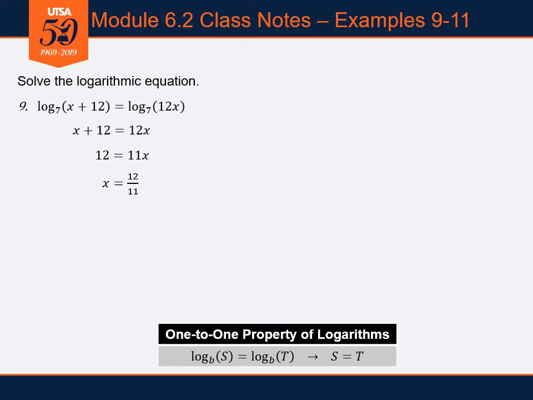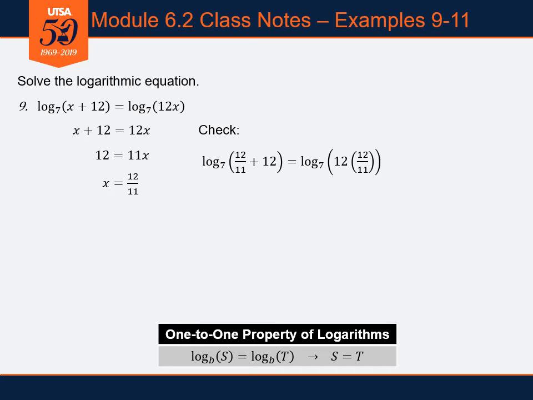This is a logarithmic equation, so we need to check. Let's plug 12 over 11 in for x on both sides of that equation. Log base 7 of 12 over 11 plus 12 equals log base 7 of 12 times 12 over 11. And now you've got to remember how to add fractions and how to multiply fractions.